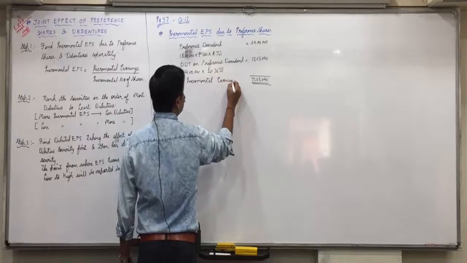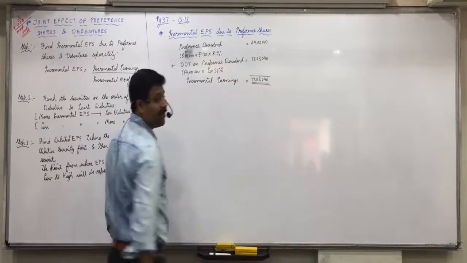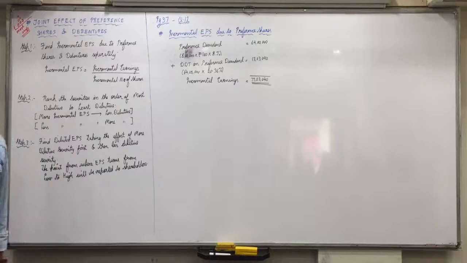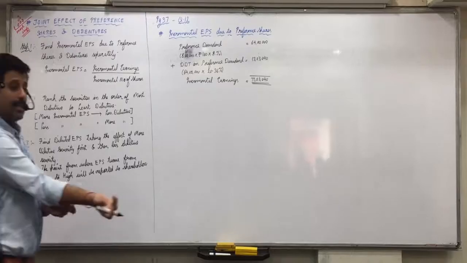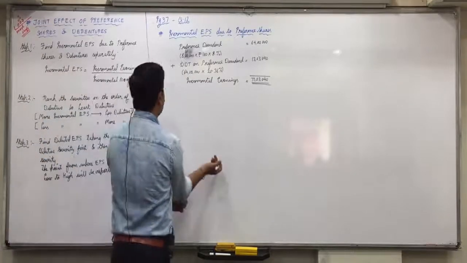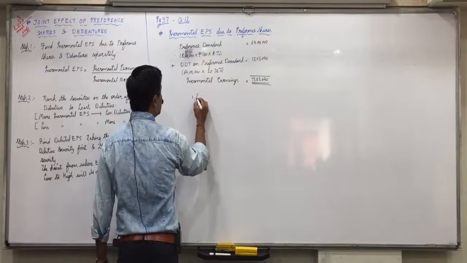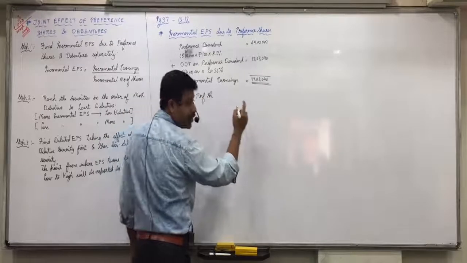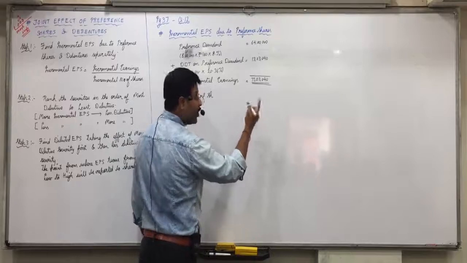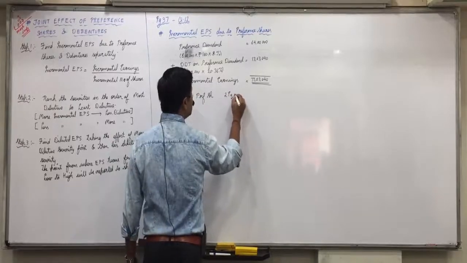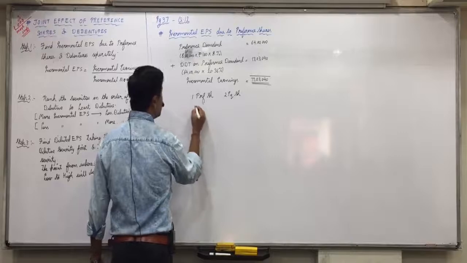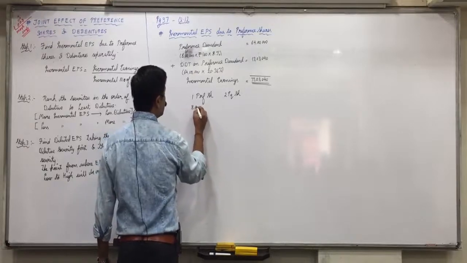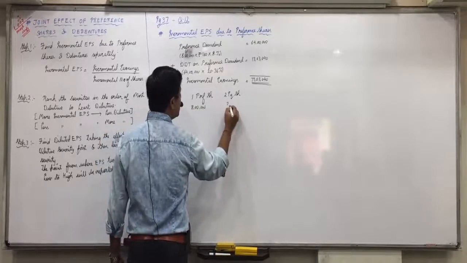Is everyone clear with the meaning of incremental earnings? What we used to add in the profits and number of shares is incremental. Okay, same way what we would add in the number of shares is incremental number of shares. So how do we find that? For one preference share, it is going to be converted into 2 equity shares. So 8 lakh preference shares into how many?